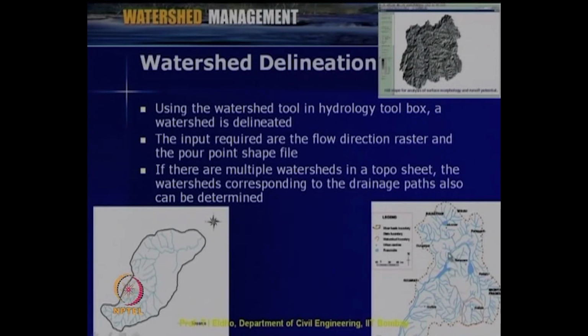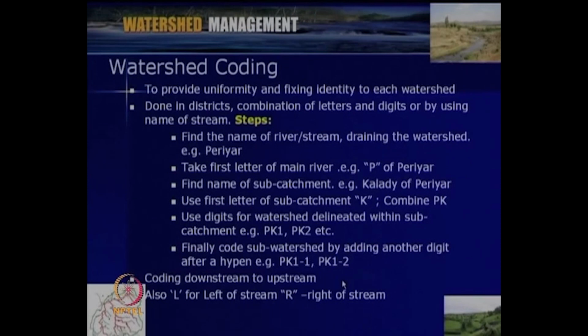Now, if there are multiple watersheds, say for example, if this is a main watershed and there are many sub watersheds like this, then the watershed corresponding to drainage paths also we can determine, and finally, the various sub watersheds also we can identify or delineate in the process.